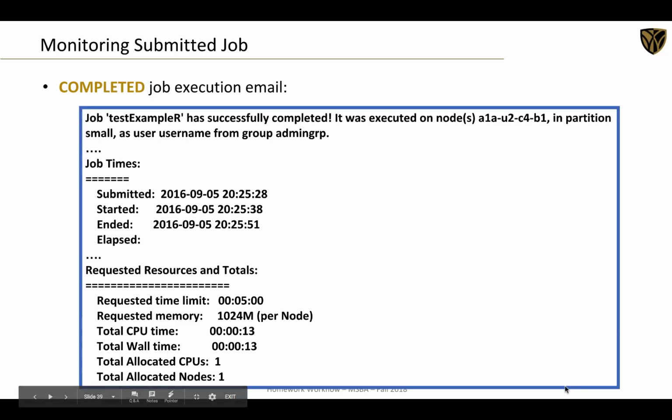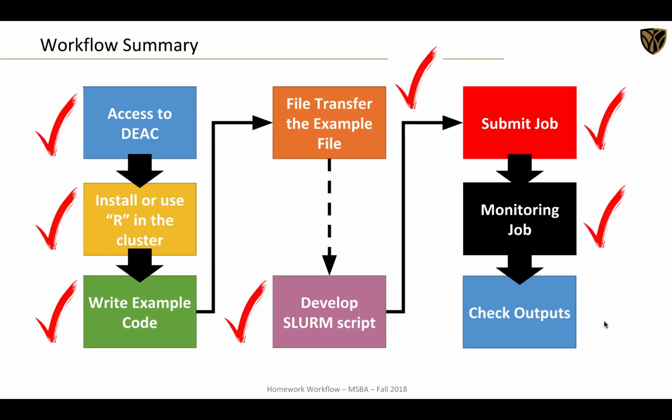Here's an example of a completion email, which is sent when the job completes and contains a summary of used resources, time run, etc. Once you've received that completion email, your job is completed, so it's time to check our outputs.